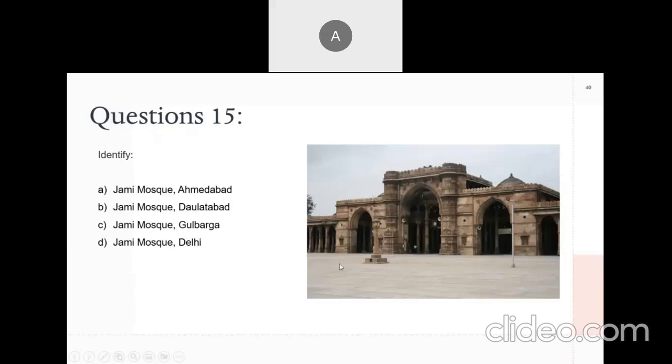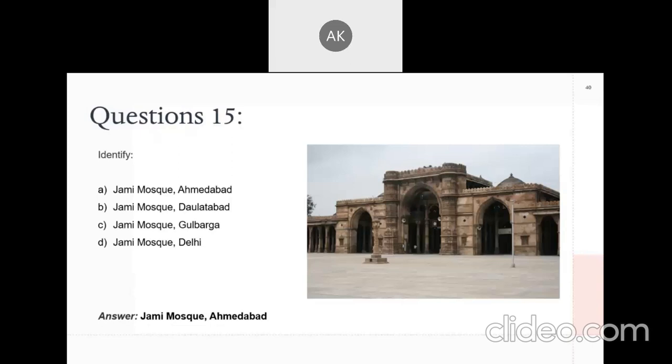There are many darwajas, I think eight or so, in the old city of Ahmedabad, of which Teen Darwaja is one. I'm not recalling that, leave it. So this is the Jami Mosque of Ahmedabad.